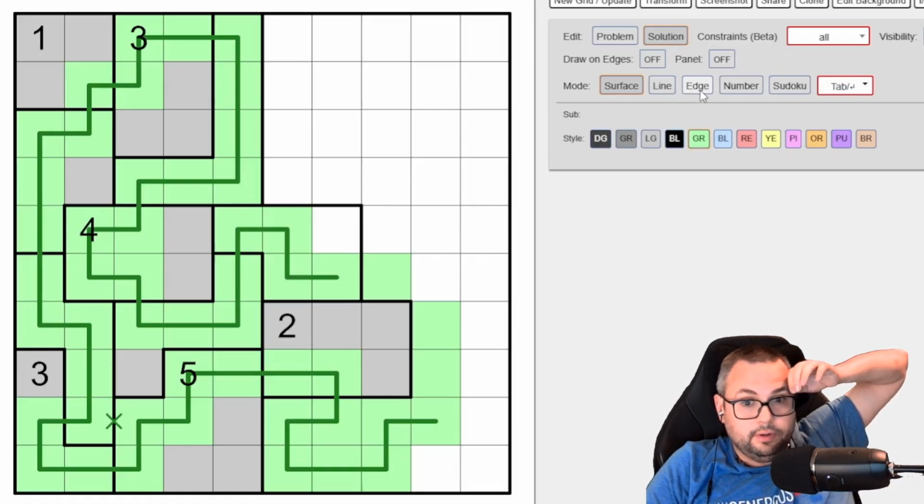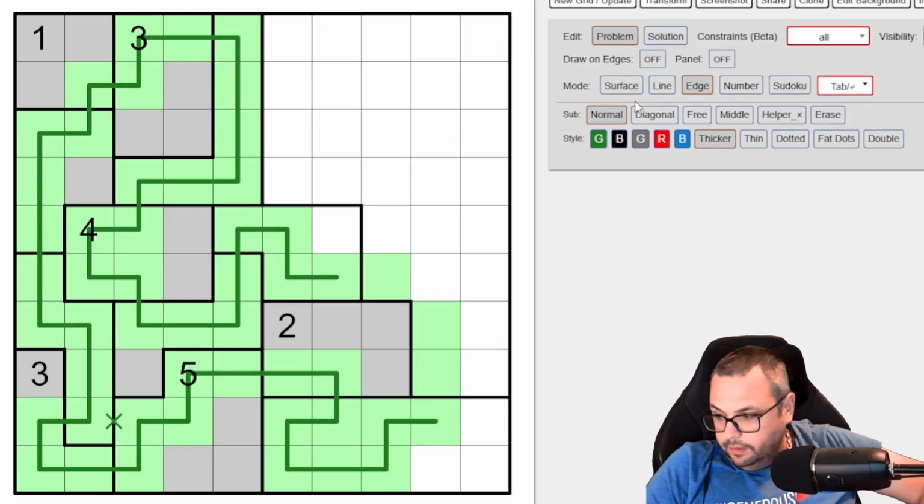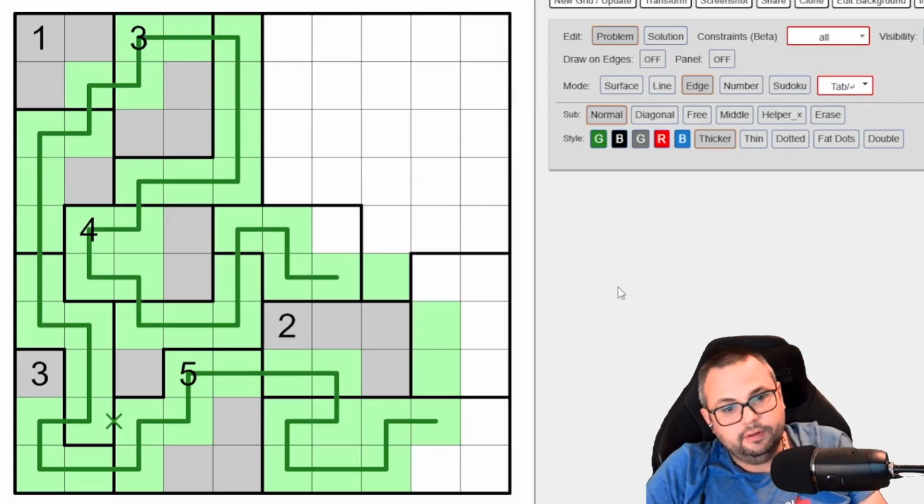Okay, how about I make a country starting here. I'll make this country have 4 cells that are visited, maybe something like that.